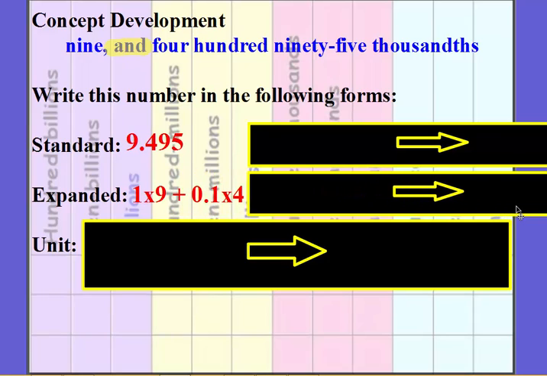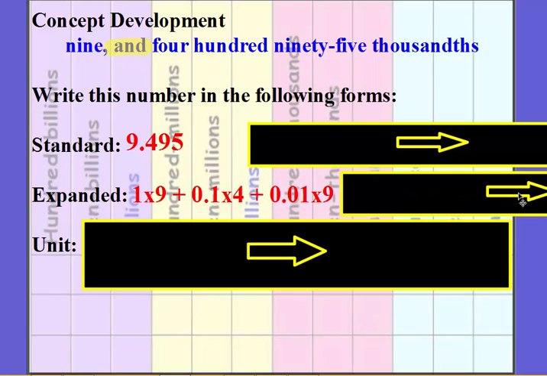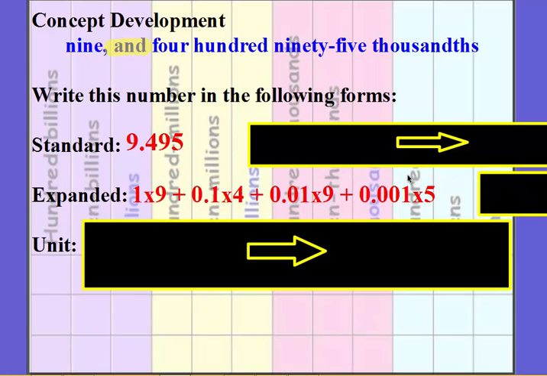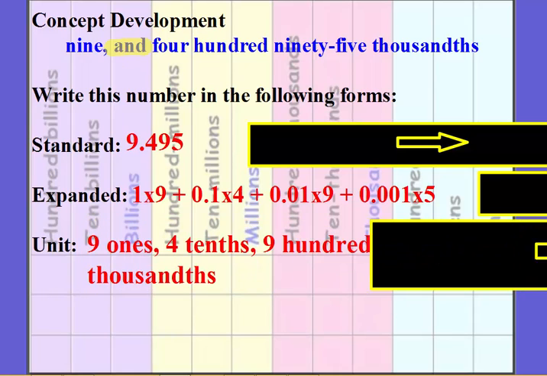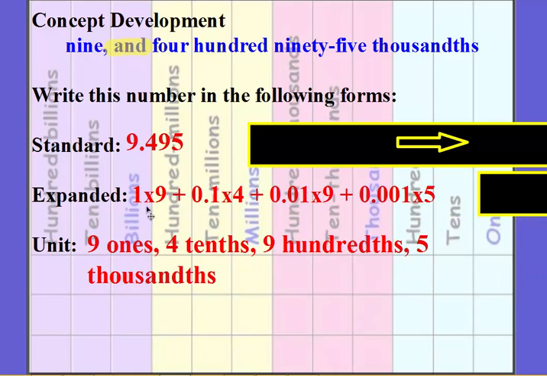I have 4 tenths. I have 9 hundredths. So I'm doing that 9 times that hundredth again. And then I have 5 thousandths. Unit, I'm just reading what I have above. I have 9 ones. I have 4 tenths, 9 hundredths, and 5 thousandths.